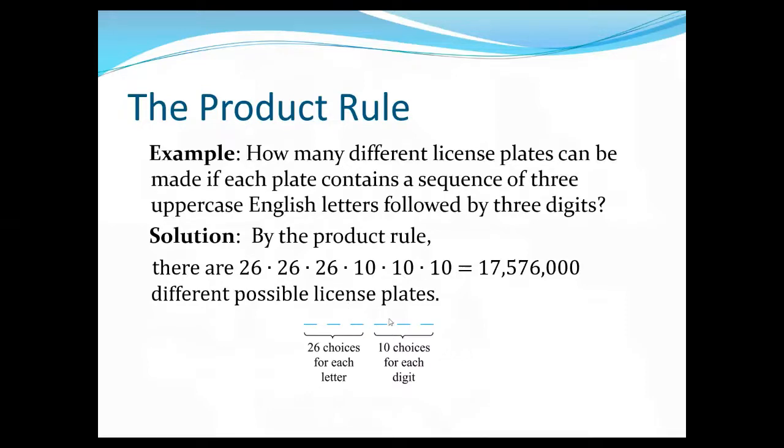And for the next 3 positions, we have 10 for the integer, 10, 10. Multiplying, we have 17,576,000. That's the number of different possible license plates that you could generate based on 3 uppercase English letters and 3 digits.